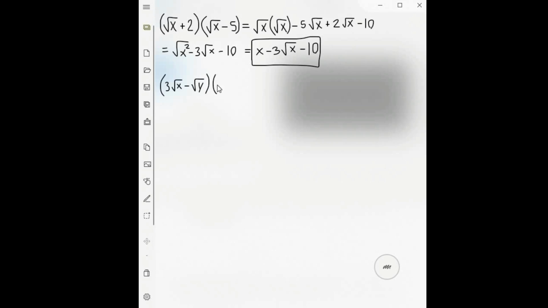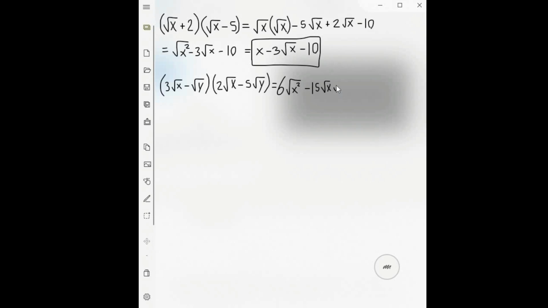If we have something like this, we're going to multiply 3 square root x by everything in the other bracket. Then we're going to multiply minus square root y times everything in the other bracket. So if we do the first term on the left times the first term on the right, we end up with 6 times square root x squared.